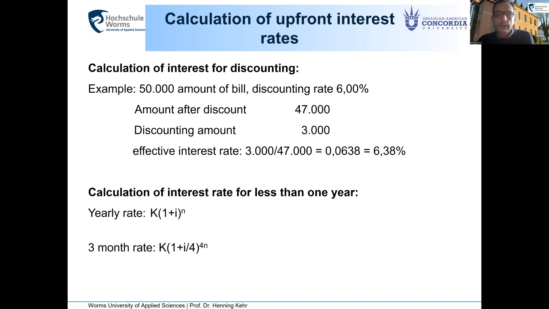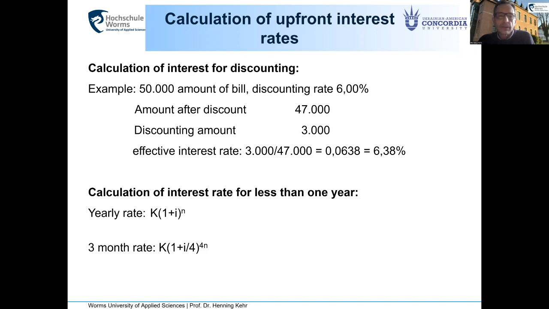If you have the rate of 6%, then it should in every case be 6% if you pay afterwards. But what is the case if you pay that upfront? It is called a discount rate, and it's deducted from the credit before you receive the amount.